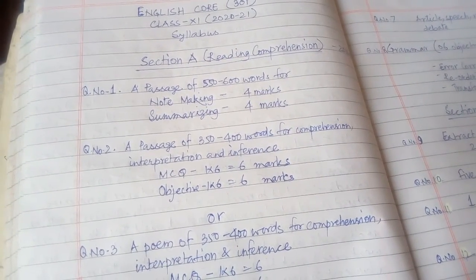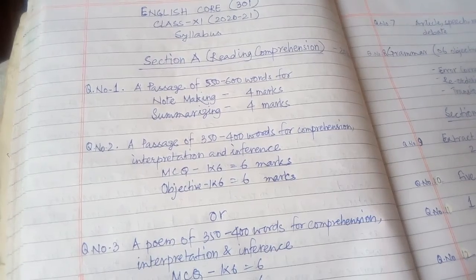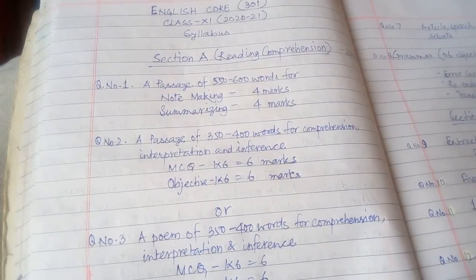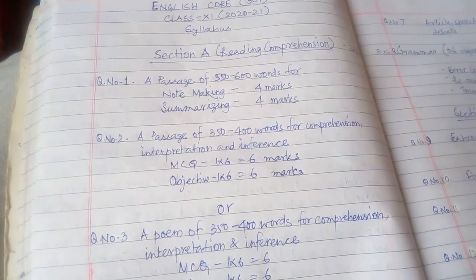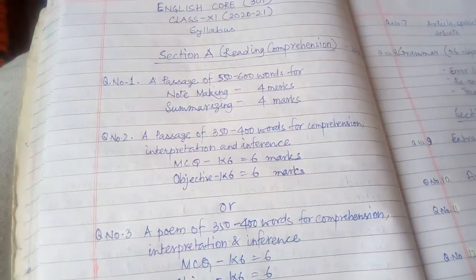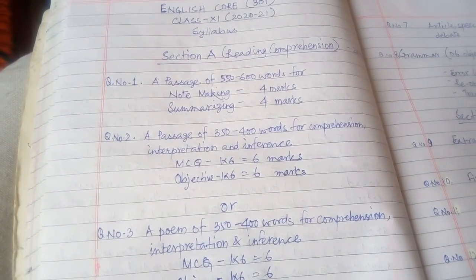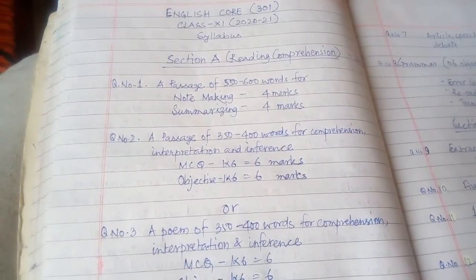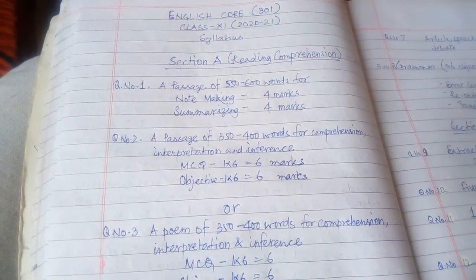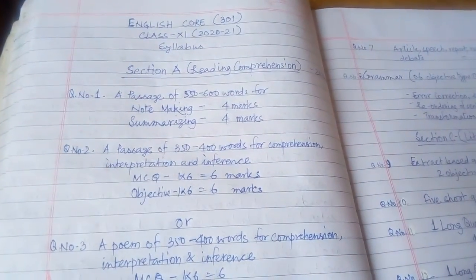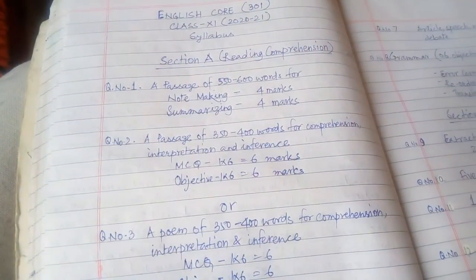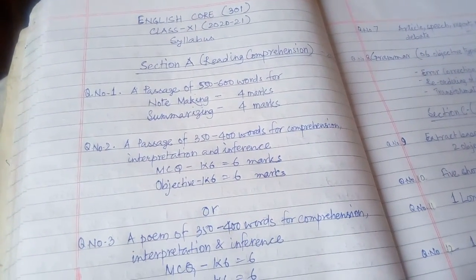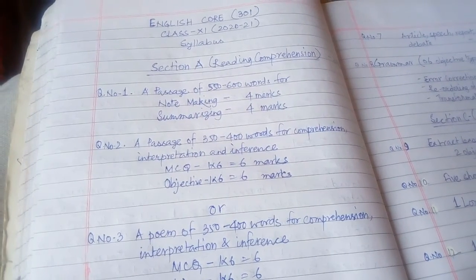In the first section, Section A, reading comprehension, you have Question number 1, a passage of 350 to 600 words for note making or summarizing. Note making carries 4 marks, and summarizing 4 marks again, so it makes up 8 marks. The second question is a passage of 350 to 400 words for comprehension, interpretation and inference.